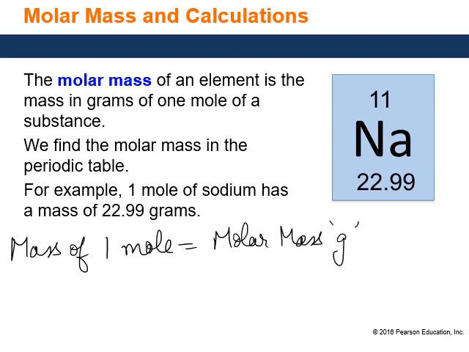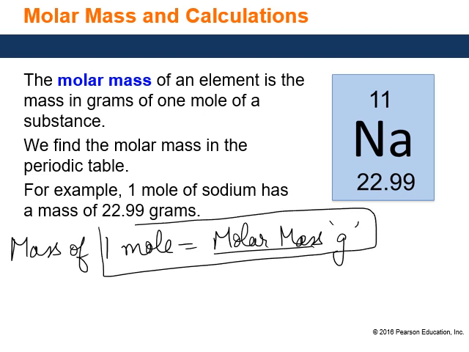Okay, so remember this. What is molar mass? Molar mass is mass of 1 mole of a substance. So if you're interested in how many grams of substance you have, you will have to use this conversion factor. 1 mole is going to weigh how much?